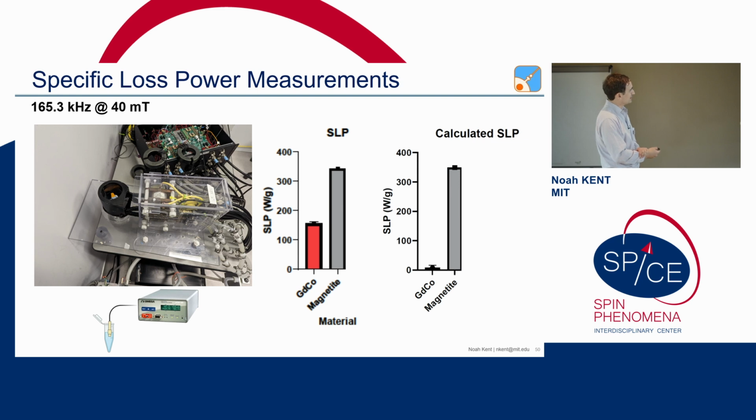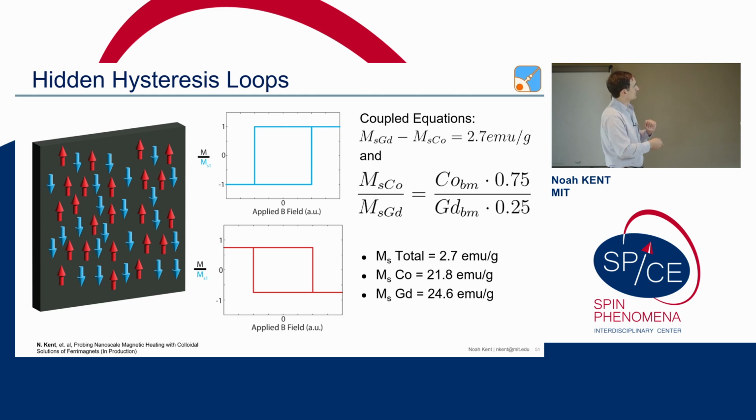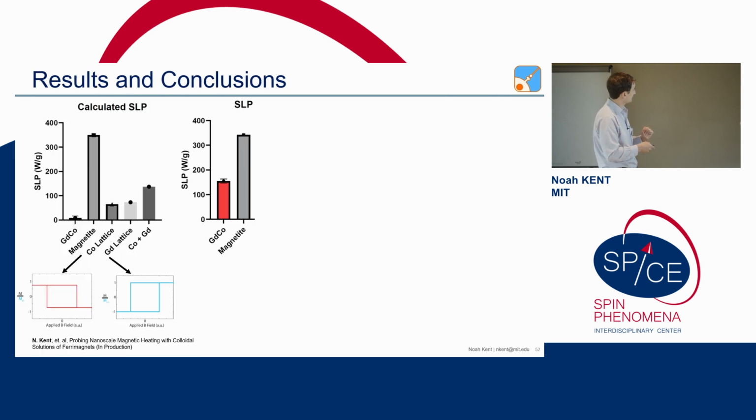This is my calculated SLP versus the measured. Specific loss power is the term used for the heat given off. We have a fiber that measures heat. I can calculate the area of the subloops because I have 2 coupled equations, and I know the area of my big loop. Basically, I just solve them and get the relative sizes of my subloops compared to the total hysteresis loop.